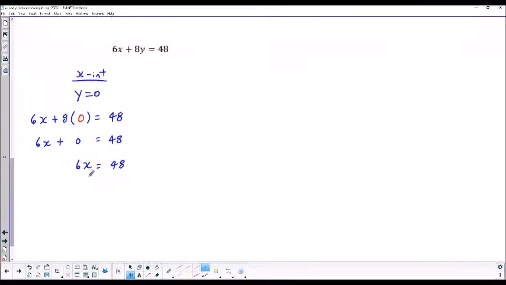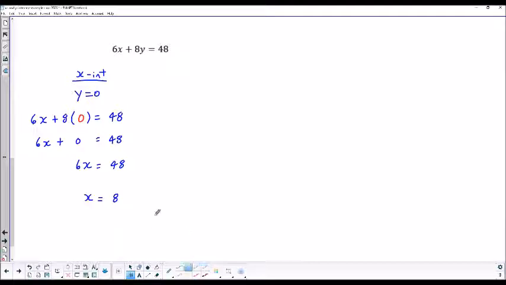Then you have to figure out what value of x would give us 48 when multiplied by 6. We can do it algebraically, or we can just do a little thought in our head. 6 times what number gives me 48? Well, x is going to equal 8, because 6 times 8 is 48.